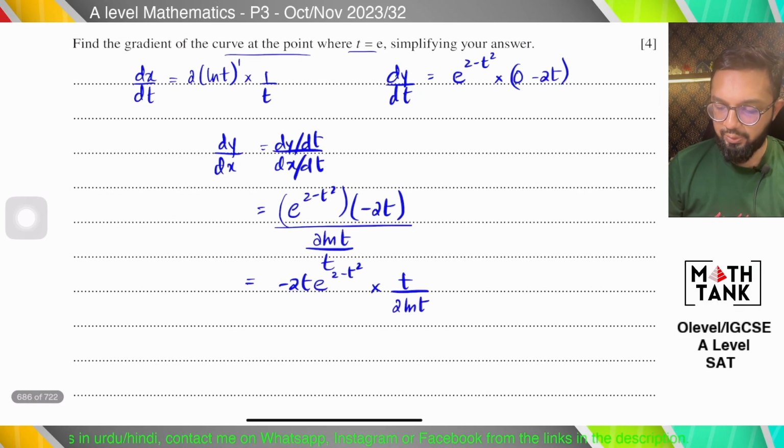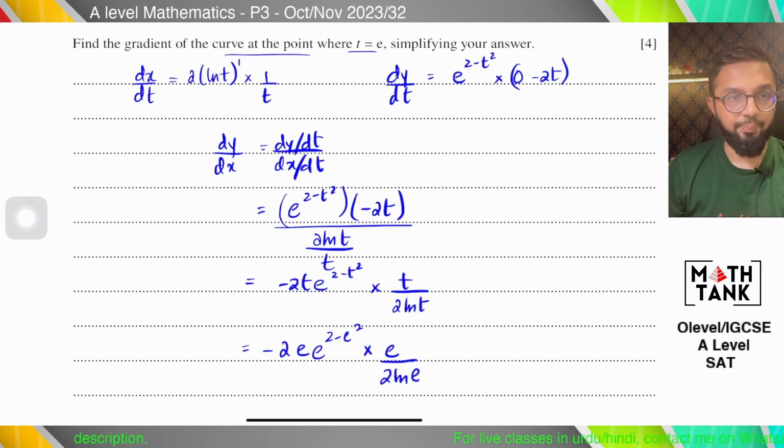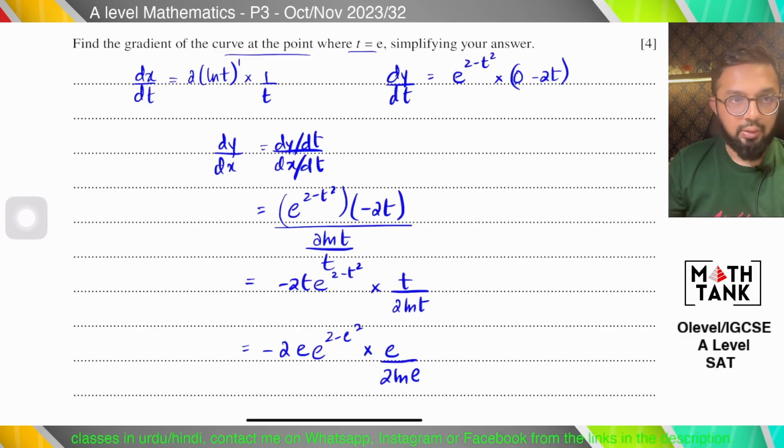I want t equals e, so I'm going to write minus 2e, e power 2 minus e square into e over 2 ln e. Let me check if I'm going about this correctly. Looks correct so far.